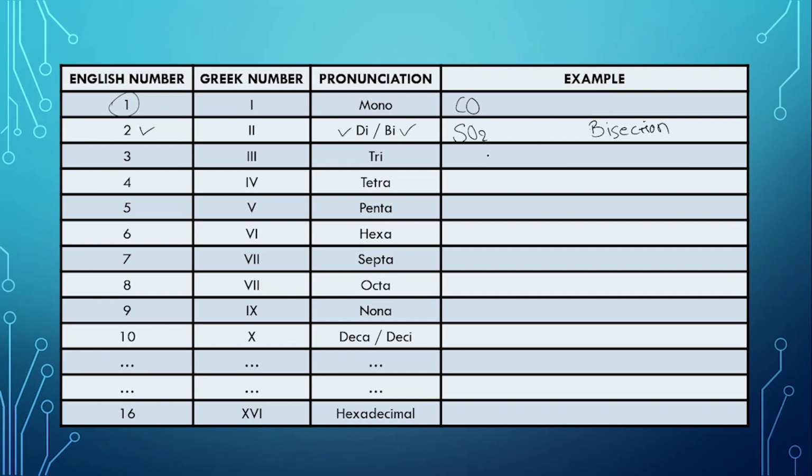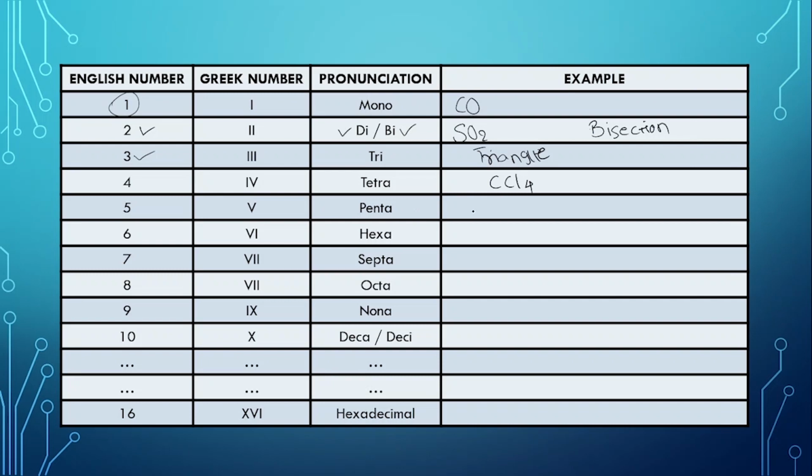Similarly, tri: we all know that we have a triangle. A triangle is nothing but a shape which has three angles. So tri stands for three. Similarly, tetra: we can have an example of CCl4, which is nothing but carbon tetrachloride. Tetra means 4, that is 4 atoms of chlorine are bound with one atom of carbon.